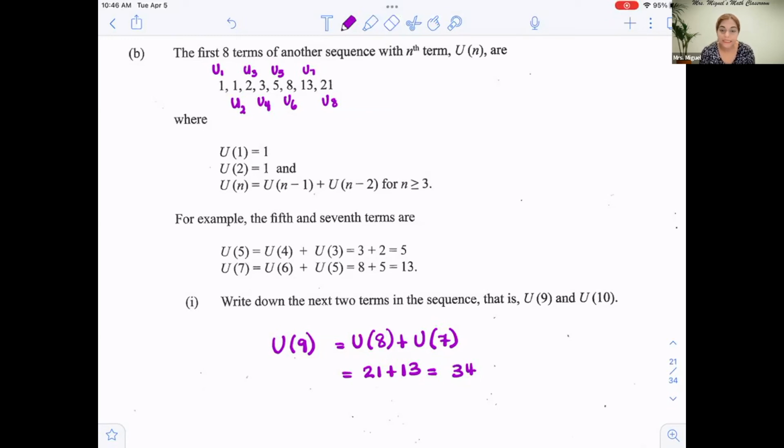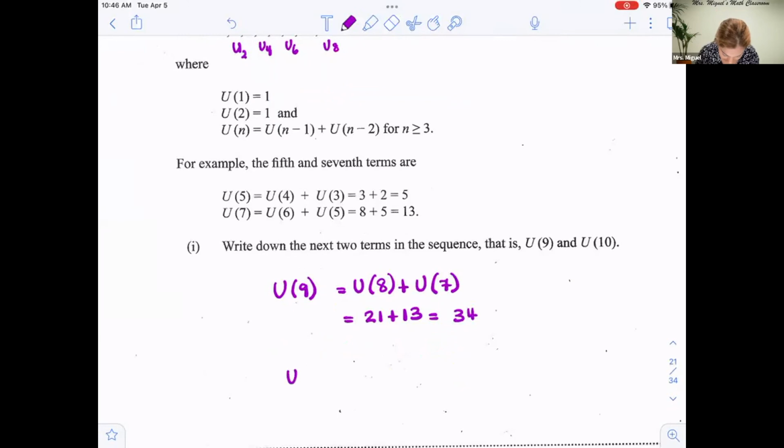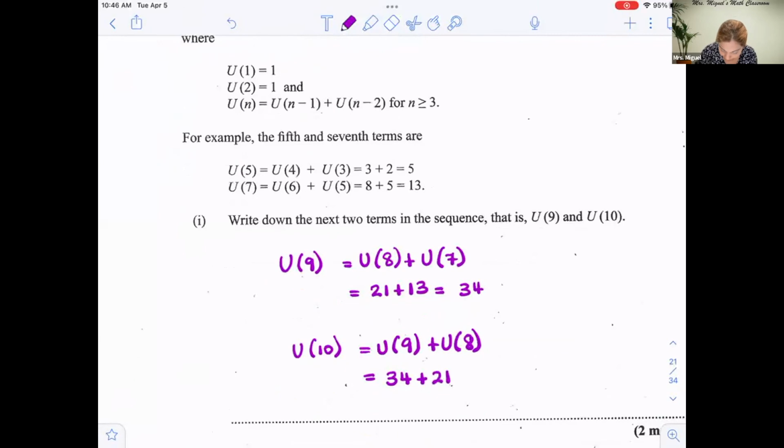So U10 now, the numbers that come before U10 are U9 plus U8. So they gave you to find U9, which is 34. So we are replacing U9 with 34 and U8 is 21. So I do hope you have 34 plus 21 is 55. Yes, Miss. Very good. So in case anybody wishes to take it down, go ahead.